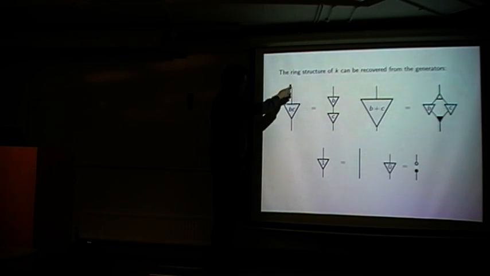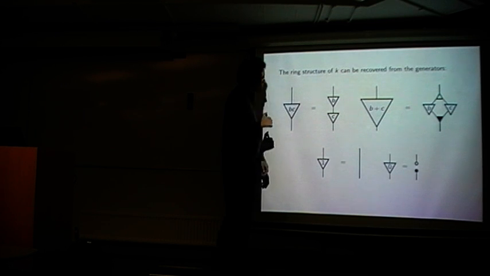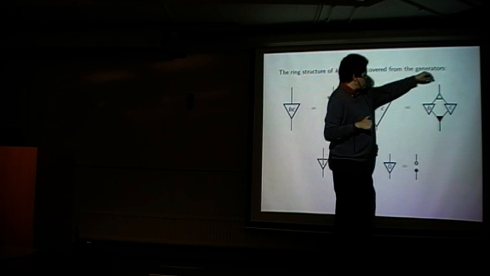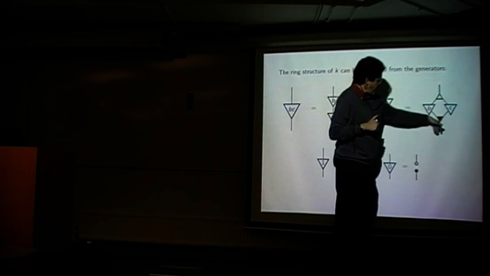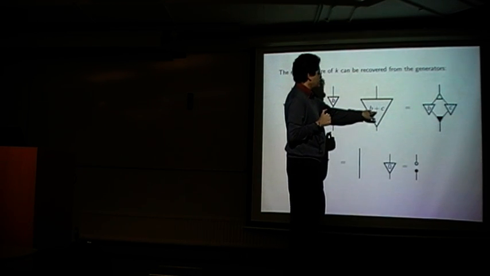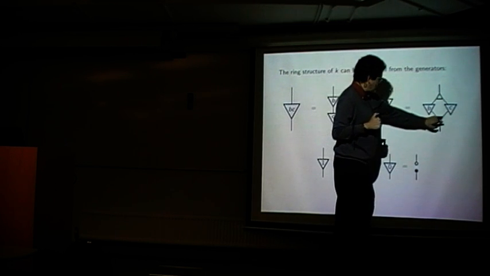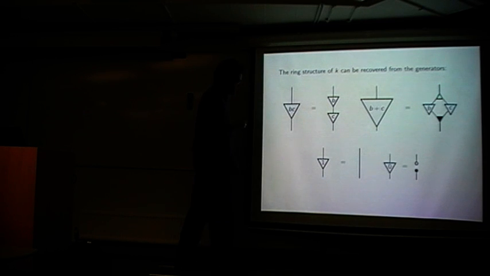So, in other words, for example, to multiply something by the product, BC, is the same as to multiply it by B and then by C. To multiply it by a sum is just the same as to duplicate it, multiply one copy by B, the other by C, and then add the answers. So we're eliminating addition in the scalars for the addition operation as one of our generators.